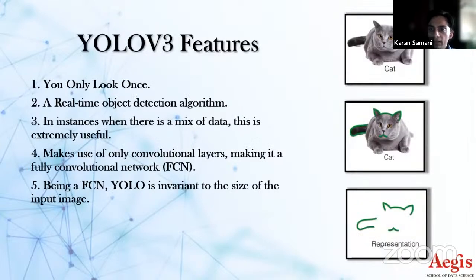Okay, so on the right hand side, you can see I have tried to explain what features are. If you see the picture of this cat, what happens when you do convolution on this particular image is that it takes only the important features of the image. For example, it does not take into account the texture of the fur in some cases. In this case, it takes into account the edges, how the tail looks, how the ears look, how the mouth looks, and whether there are any whiskers or not.